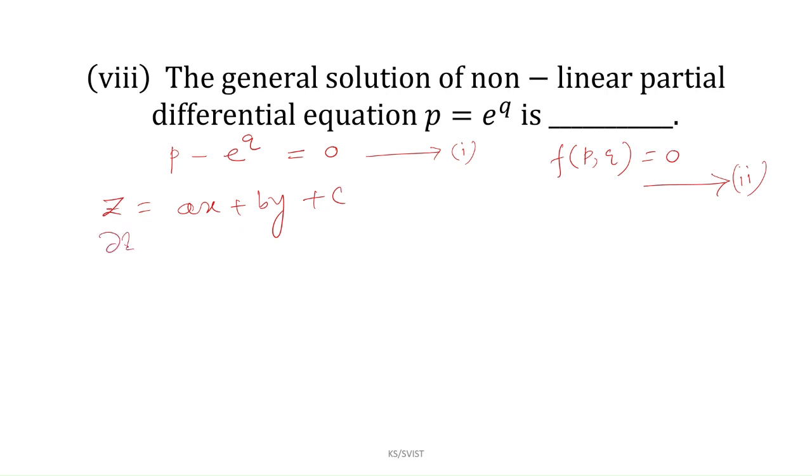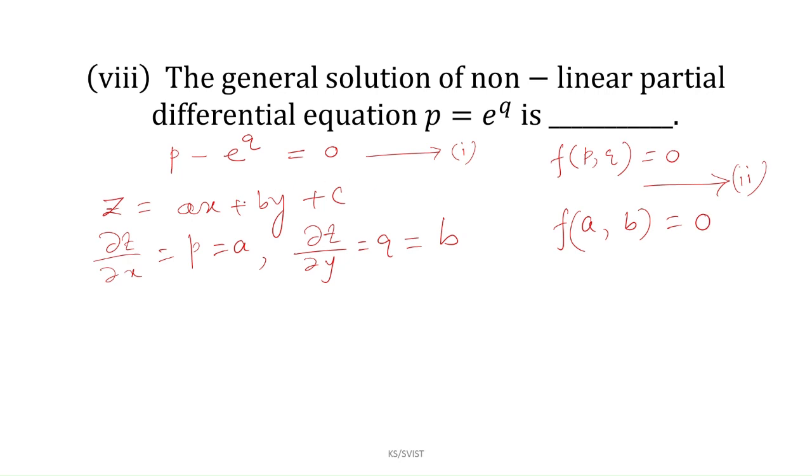So del z del x, which is p, equal a here, and del z del y, which is q, equal b here. Therefore, equation 2 is satisfied by p equals a and q equals b. So f of a comma b equal 0.